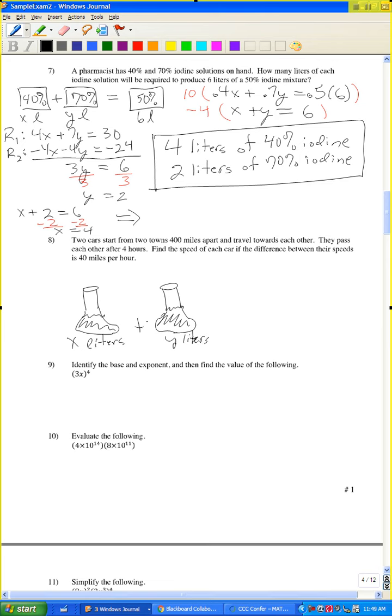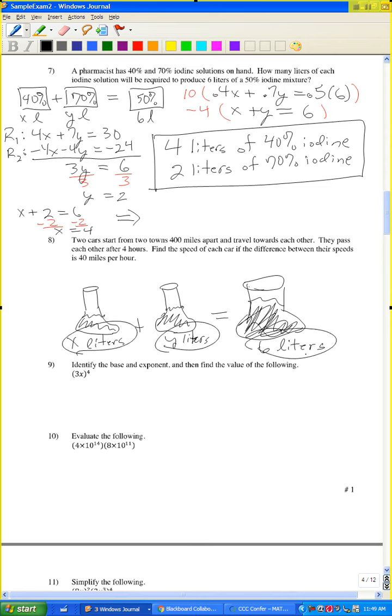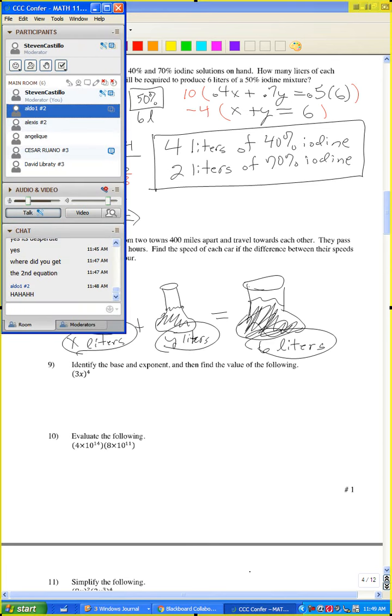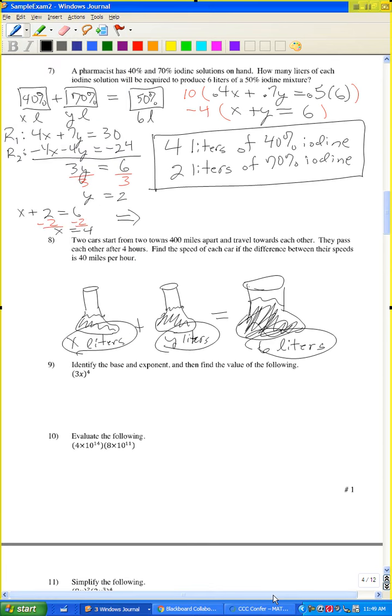And if you add those together, think of just pouring them, then we have another beaker, which even looks worse. So you have a larger beaker, I guess. And once you pour those in, you now have 6 liters. So x plus y equals 6. Yeah, I know. Didn't really look like beakers, but you know what I'm talking about.